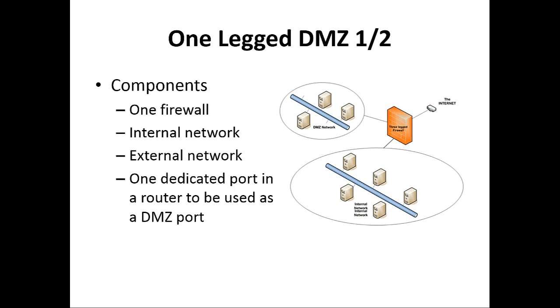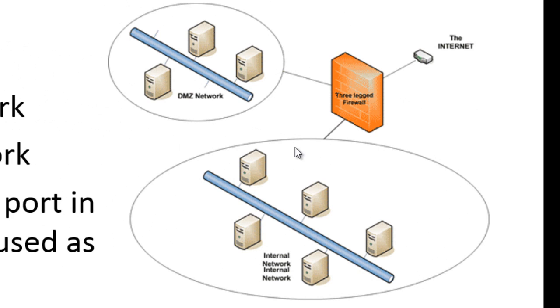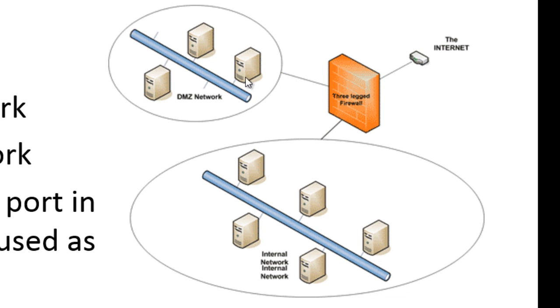In this case, however, the firewall is interfacing three different networks. So the first one is of course the internet, the second one is what we call DMZ, or Demilitarized Zone, and then the third network is the internal network you're trying to protect.